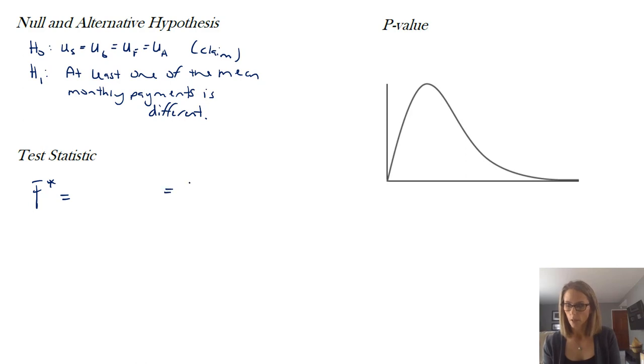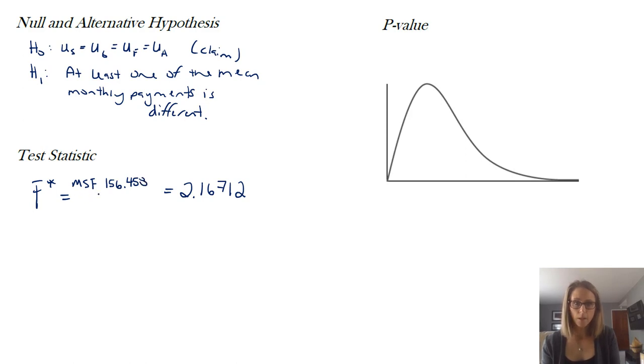It is F star 2.16712. I'm just putting some decimal places on there. But I want you to see that the 2 numbers that are used for that are MS. In your calculator, it's MS factor, so I'll put MSF. MS factor is 156.458.